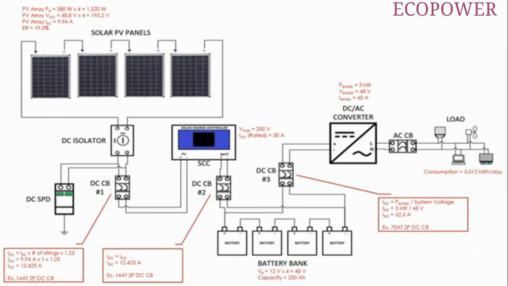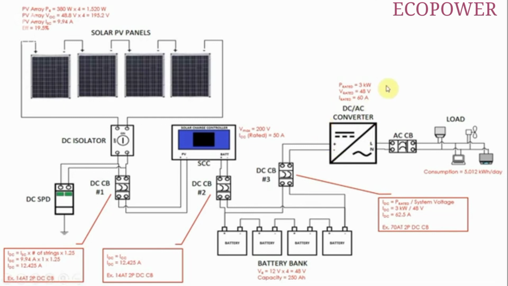DC circuit breaker number 3 is located at the output of the batteries and at the input of our DC to AC inverter. To compute this, we divide the power rating of our inverter by the system voltage.